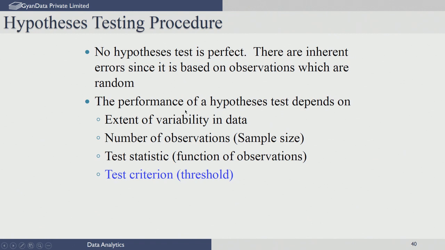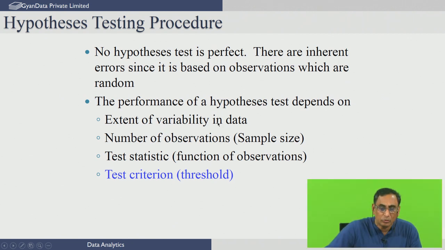Therefore, the performance of the hypothesis test, how well this decision making performs, depends on how much variability is there in the data. You may not be able to do much about this. There might be sufficient variability in the data which prevents you from making a good decision. You can also alter the performance of the test by choosing the number of experimental observations you want to make, which is called the sample size.